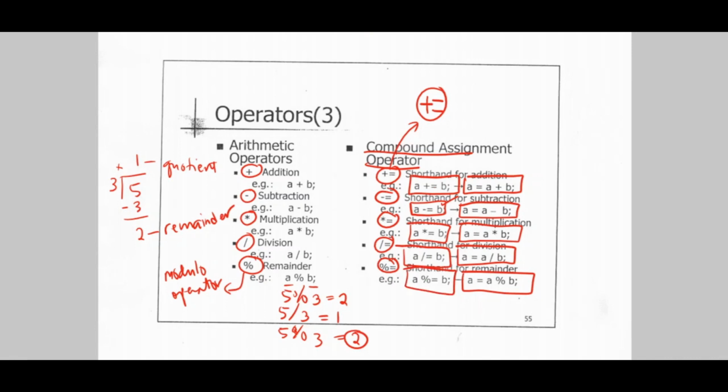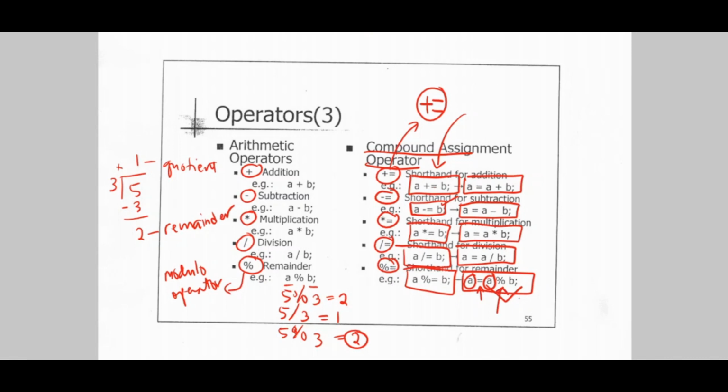So when are you going to use the compound assignment operator, which are these examples on the left side? It is when the left variable of the assignment operator appears on the right side of the assignment statement as one of the operands of the last to be performed operator.